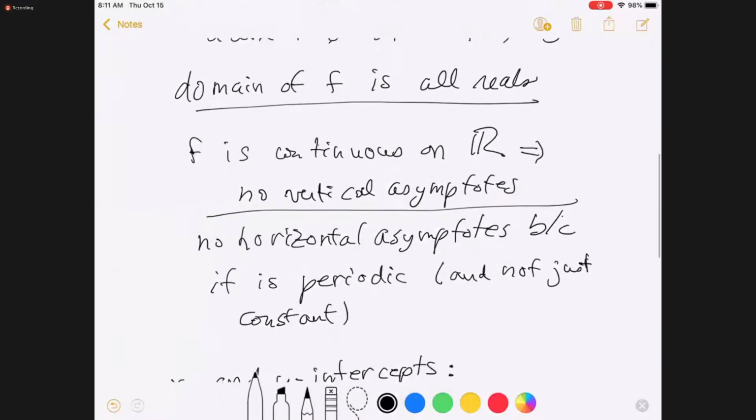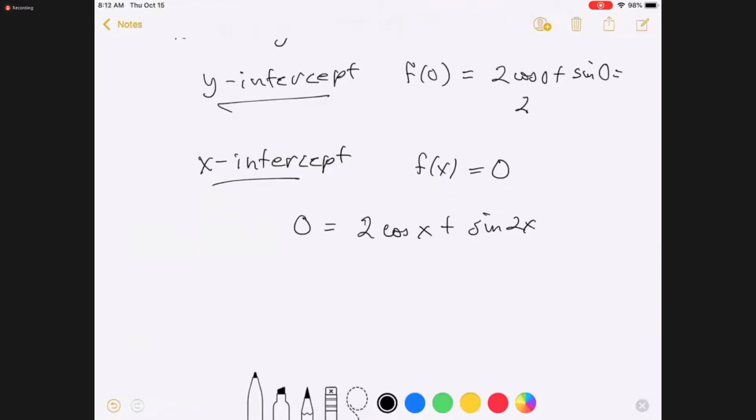I think this would be easier if I used a trig identity, one of the double angle formulas. Sine of 2x is 2 sine x cosine x. So this is 2 cosine of x plus 2 sine x cosine x.